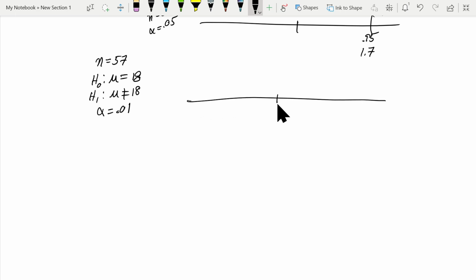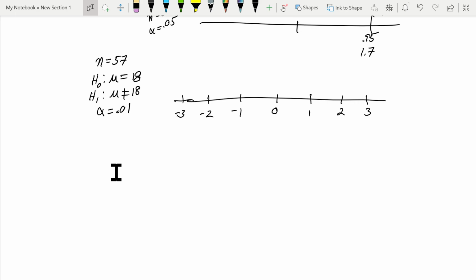Here's a line, 0, 1, 2, 3. Where is the rejection region? Where does the alternative point? It's not equal. It points both ways.